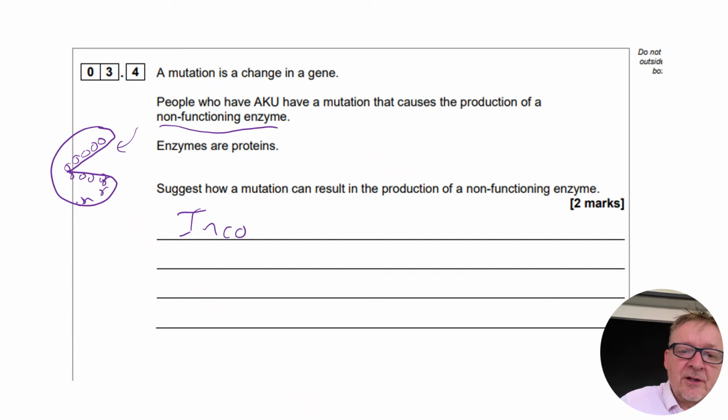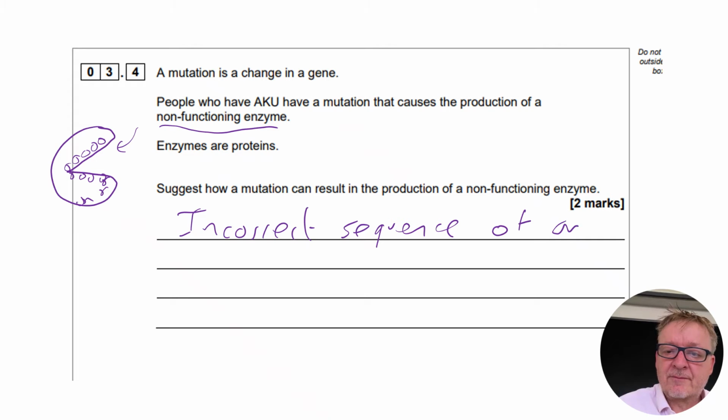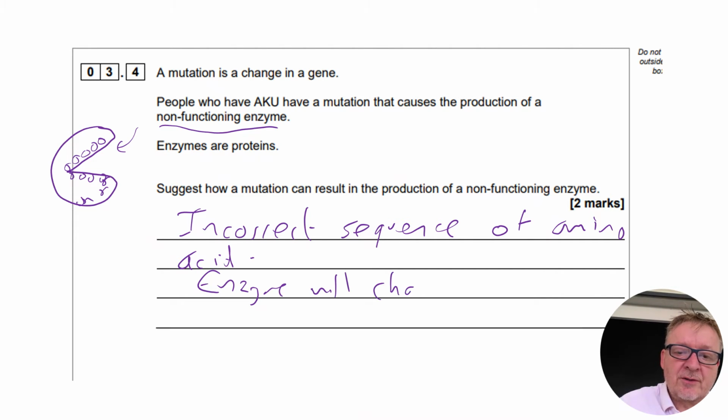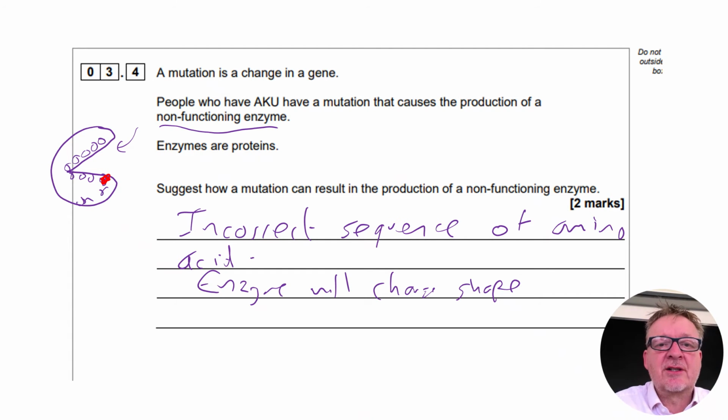If you've then got an incorrect sequence of amino acids, the enzyme will change shape. Let's say this little amino acid there changes, and then it changes the entire shape because of the way they're linked together. Then the active site will change shape, and then the enzyme won't work.